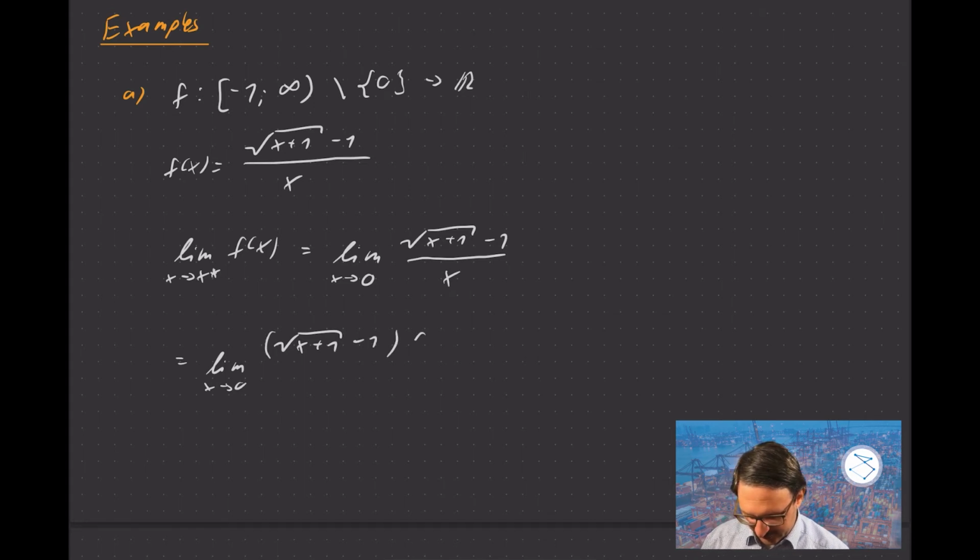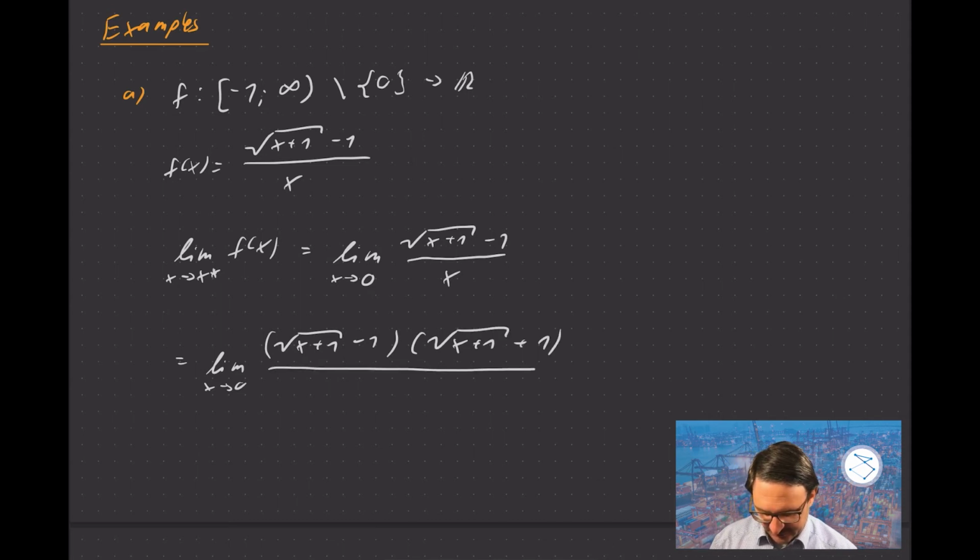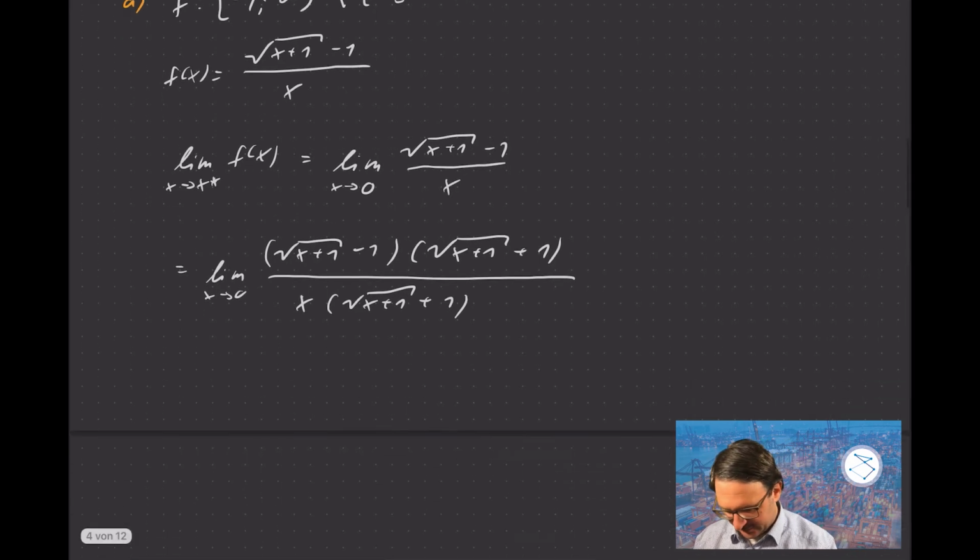And that appropriate term is, of course, square root of x plus 1 plus 1 instead of minus 1, so that we can make use of the binomial theorem. And we multiply with the same argument here in the denominator, so that in effect we multiply the whole expression by 1. Right? So this here, this cancels out, and we're back to the original function.